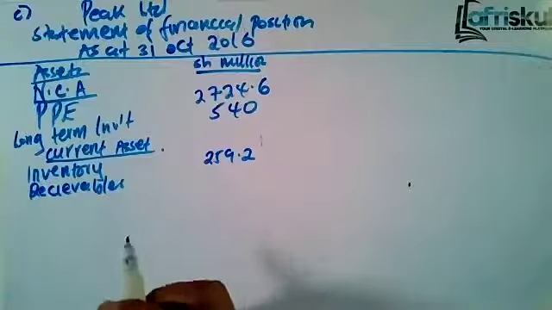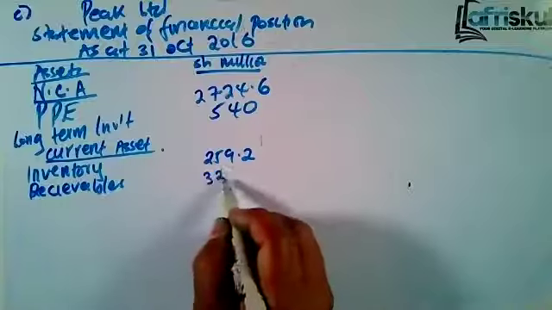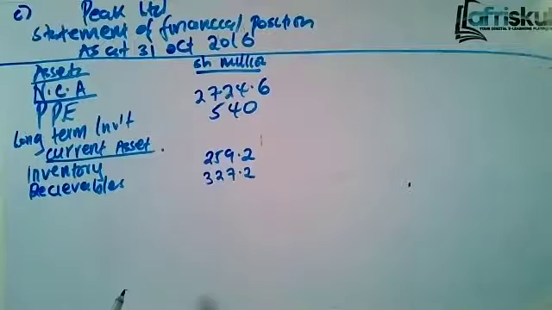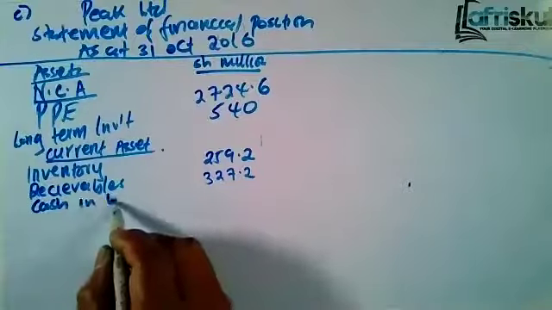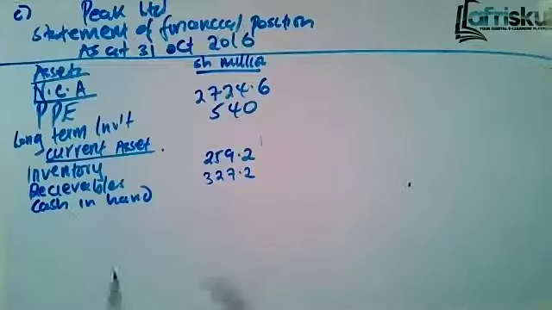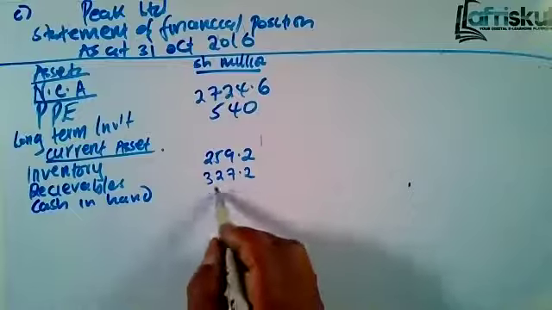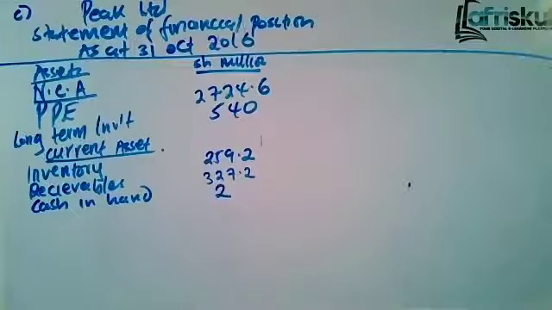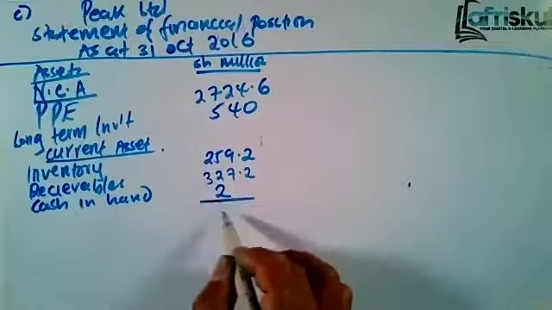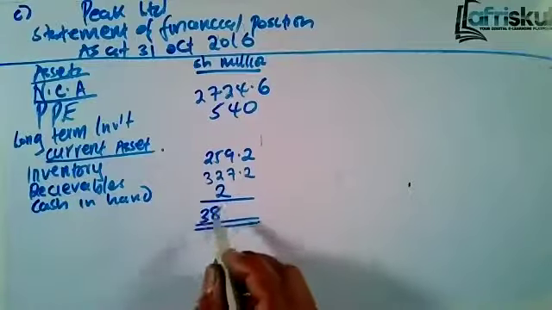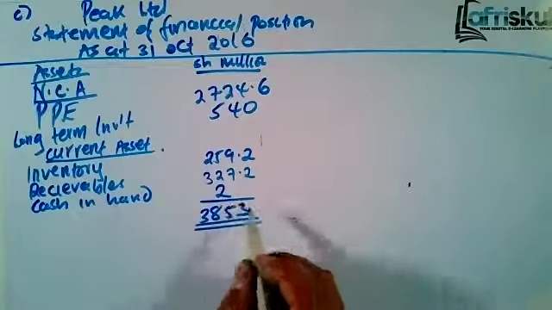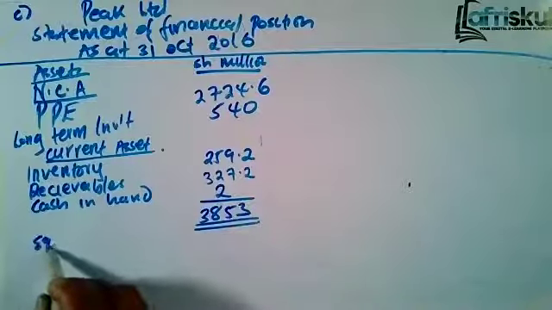I can see it's an amount of 327.2. Also, I can see we have cash in hand. And for the cash in hand, we only have 2. So if you compute that, the total is 38.53.